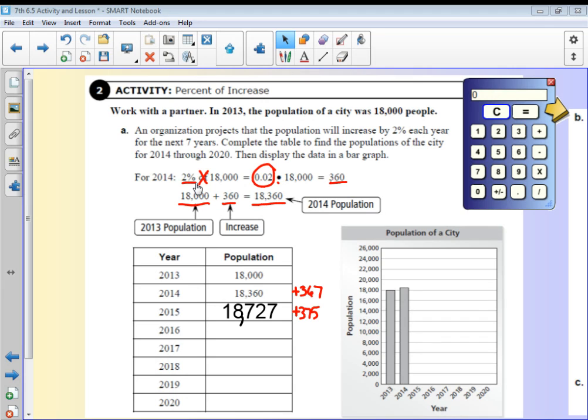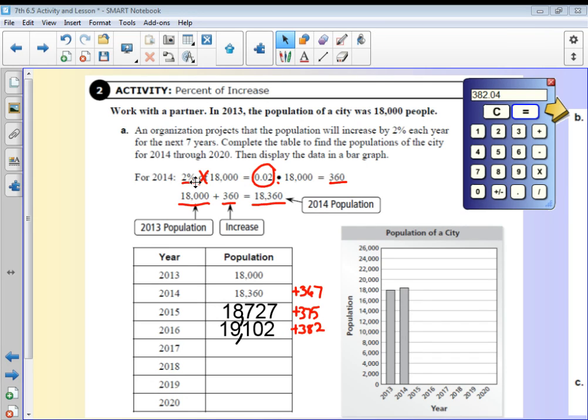So I'm going to clear this and do 18,727 plus 375. It equals 19,102. We'll leave that in our calculator and take that times 2% again, so 0.02, which gives me 382.04, so that's closer to 382.